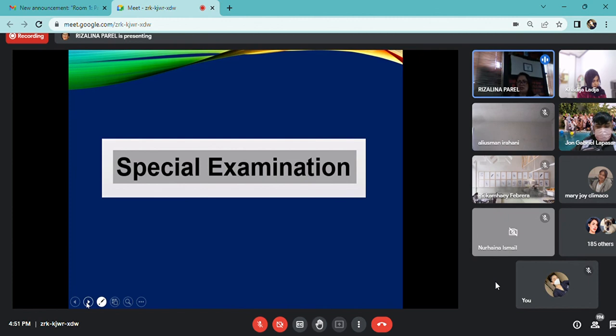examination. For the special examination, aside from the usual ABG, ECG na yan, meron pa tayong ginagawa na MIP monitoring, the maximum inspiratory pressure, maximum inspiratory force, NIF, negative inspiratory force, vital capacity monitoring.